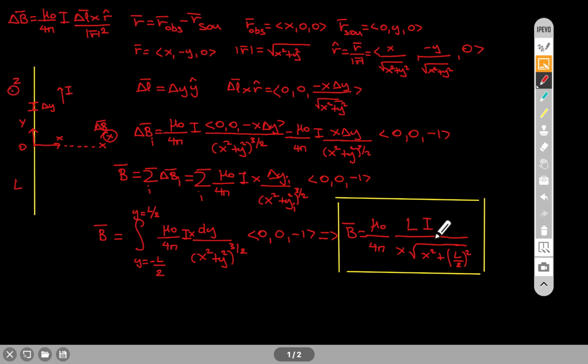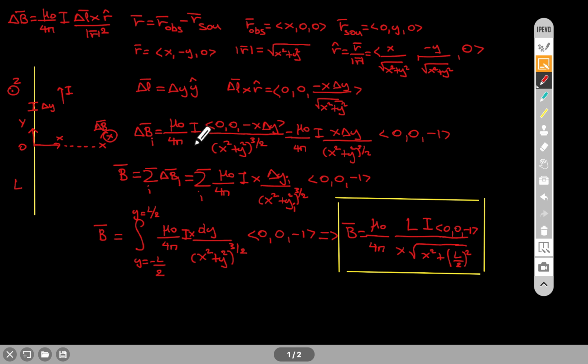Now, it is important to remember that so far I have not made any assumptions regarding x or the length of the wire. For any length L and for any x, so long as your observation location is at the midpoint of the rod, you can use this. I forgot the direction, 0, 0, minus 1.